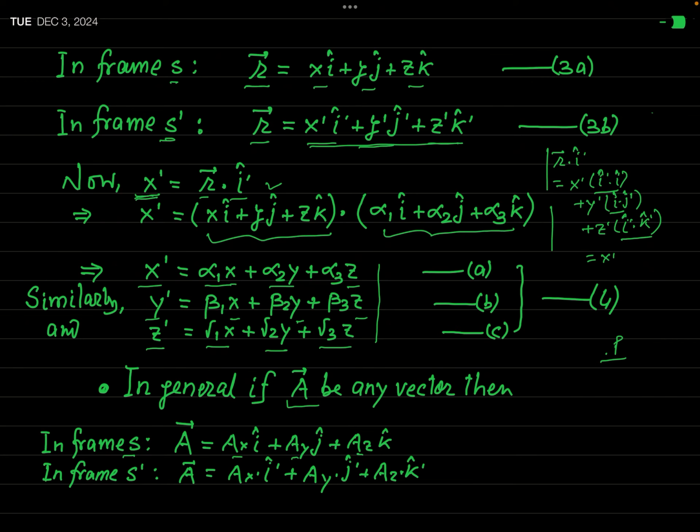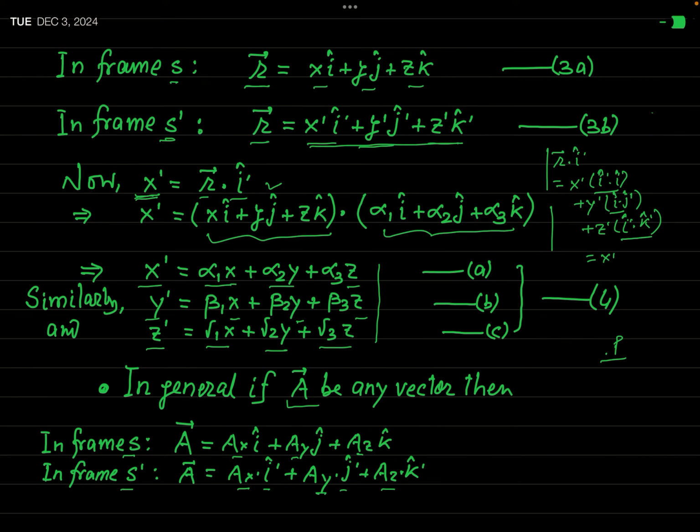But if the x, y and z components of the same vector in frame S' are Ax', Ay' and Az', then A can be expressed as Ax' i' plus Ay' j' plus Az' k'. In this way, we can express the vector A in terms of its components in the two coordinate systems.